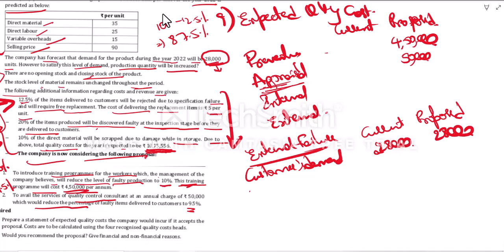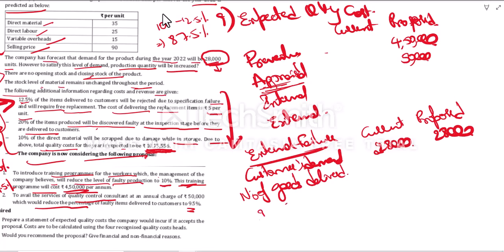So how many will actually be dispatched to the customers? Why do we need that? We have incurred cost for the actual number of goods dispatched to the customers. How many are accepted by customers we are not concerned with. We have to calculate the total cost incurred for production. So calculate the number of goods delivered to customers.